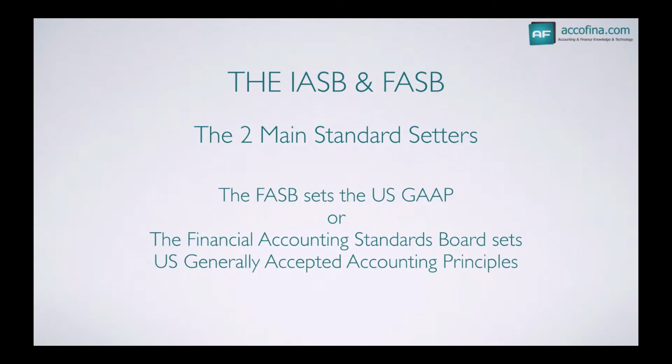The other main standard setter is the US organization, the FASB, and they set US GAAP, or without the acronyms, the Financial Accounting Standards Board sets the US Generally Accepted Accounting Principles.